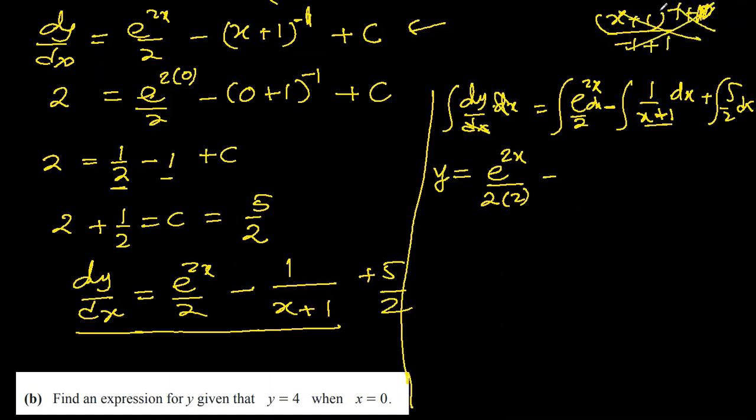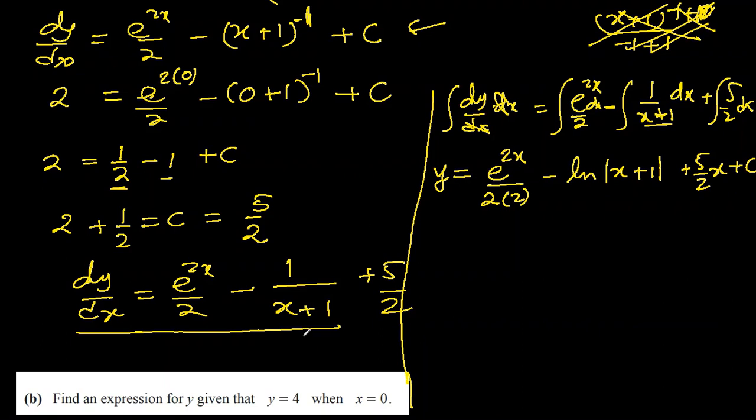So no, we can't use the same method here because it is a linear denominator. For this, we do just ln x plus 1 divided by the differentiation of the content again, which is 1. There is no need to divide by 1. Plus 5 over 2 x plus c.